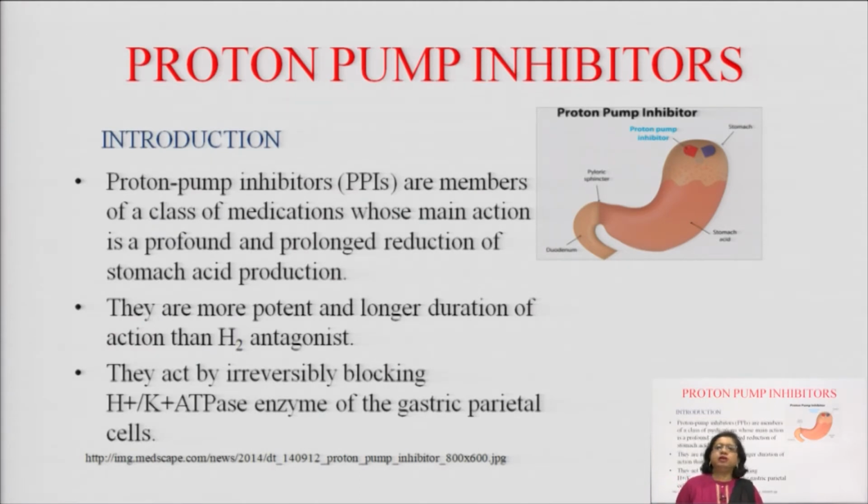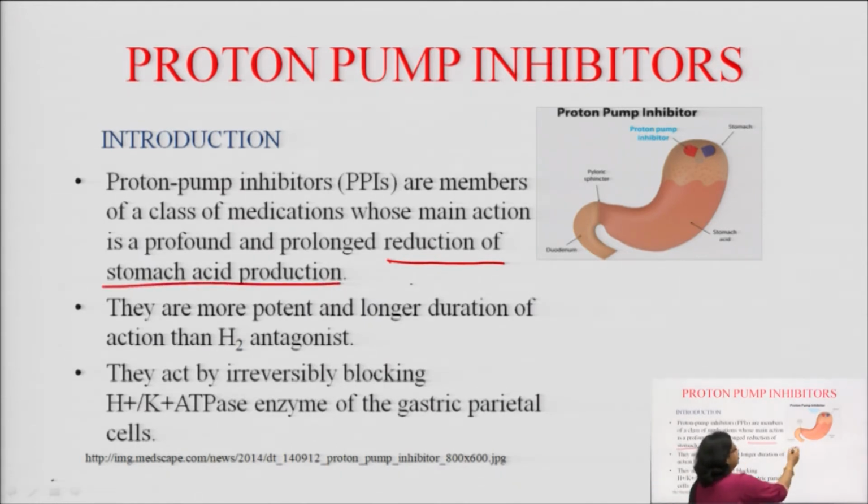First, know what proton pump inhibitors are. Proton pump inhibitors are members of a class of medicine whose main action is profound and prolonged reduction of stomach acid production.